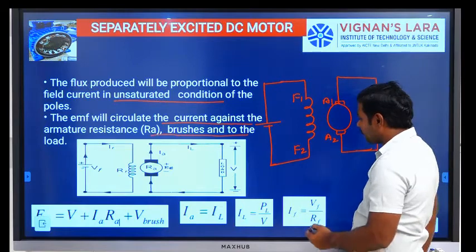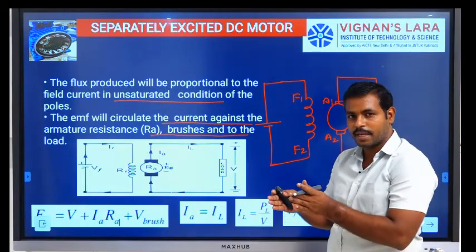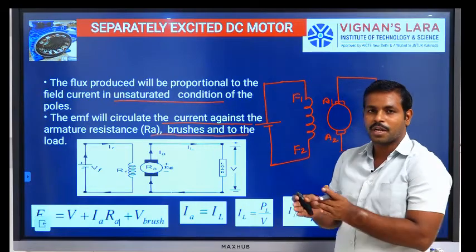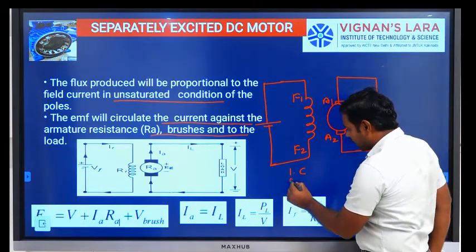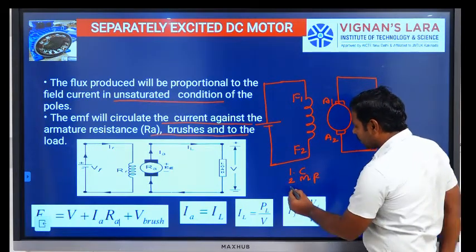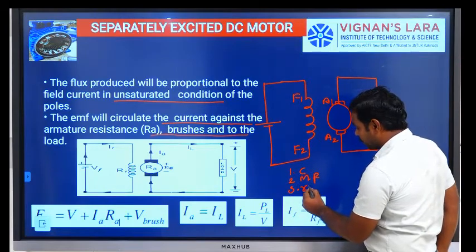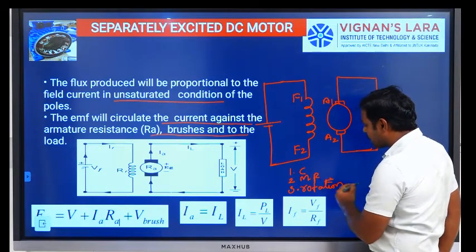Whenever an EMF is to be generated, it always requires some parameters: one is a conductor, second is a magnetic field, third is rotation. Then only it induces an EMF.